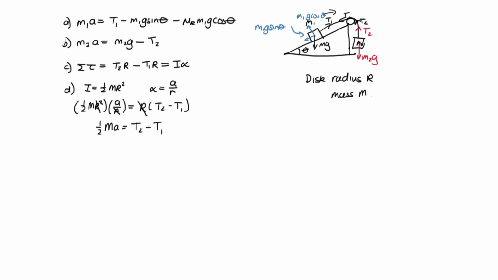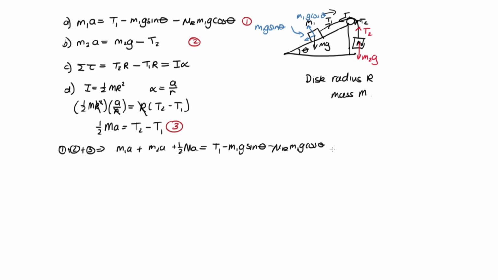And now we've got three equations, 1, 2, 3, which we can solve simultaneously in order to come up with our expression for a. So let's do 1 plus 2 plus 3. This tells us that M1a plus M2a plus a half Ma is equal to T1 minus M1g sin theta minus mu_k M1g cos theta plus M2g minus T2 plus T2 minus T1.